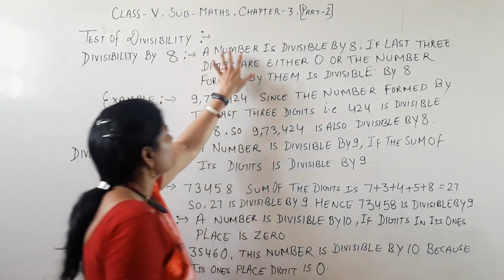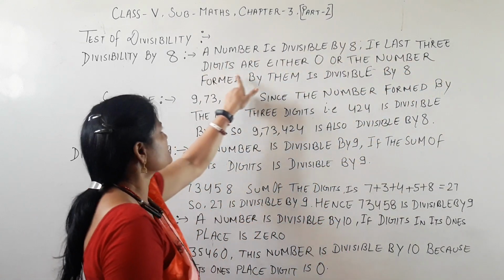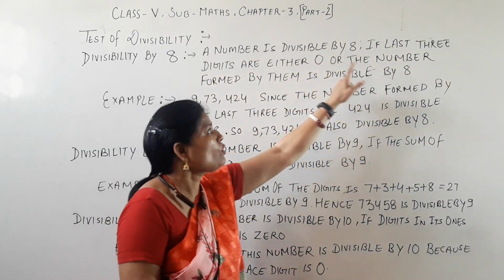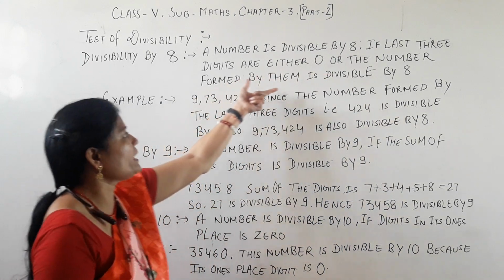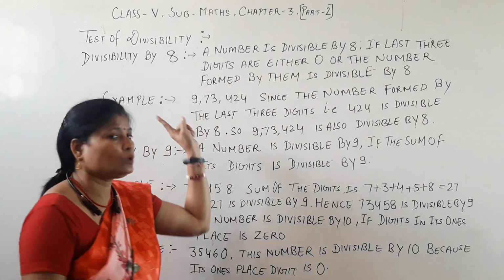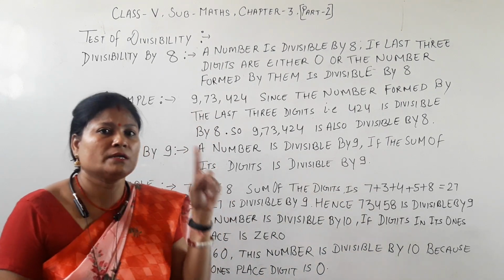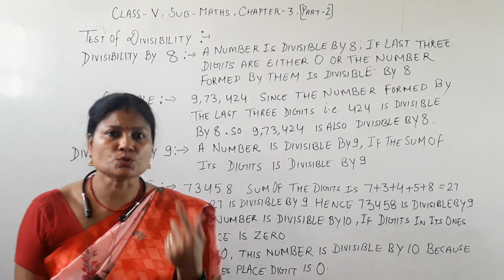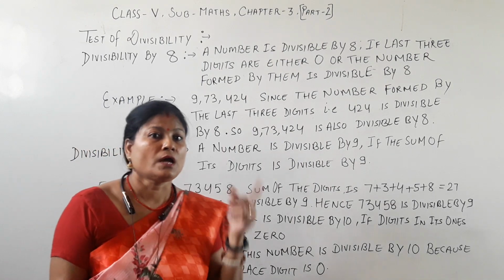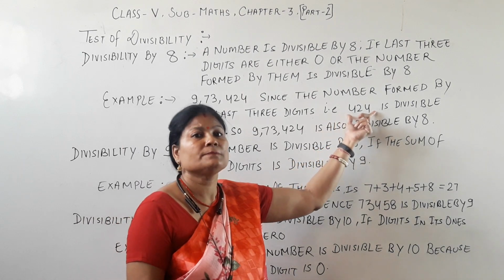The number is divisible by 8 if its last 3 digits are either 0 or the number formed by them is divisible by 8. See children, the divisibility rules of 4 and 8 resemble each other. Keep in mind, for 4 only the last 2 digits should be divisible by 4, and for 8 the last 3 digits should be divisible by 8.